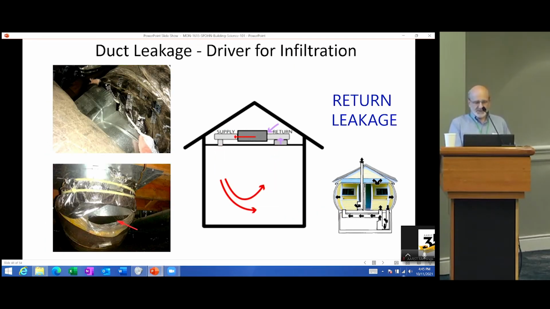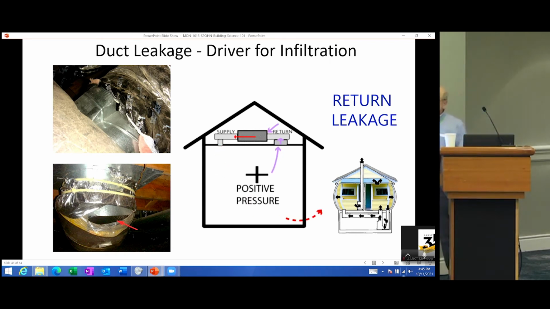And so this is return side leakage. This can cause a positive pressurization because the return is pulling, we'll just say 200 CFM, 100 from the space and 100 from outside because of a big leak. It's pushing 200 back in from the supply, so now it's created too much pressure inside. So this can force things out into the structure, say in the heating season.